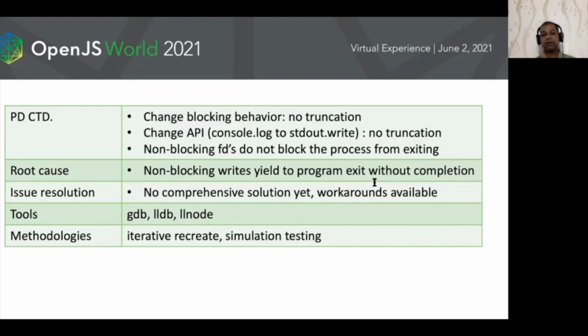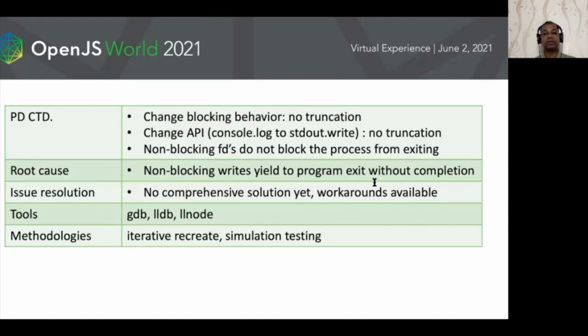Now, what is the solution? The solution would be not to use the console.log API, which is asynchronous in nature. One of the known workarounds is to use the process.stdout.write API as opposed to the console.log API.